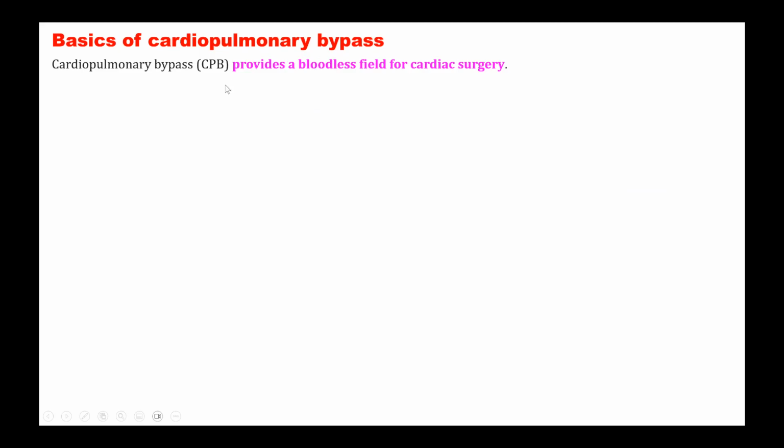So what is the purpose of cardiopulmonary bypass? It is to provide a bloodless field for cardiac surgery. Why do we require a bloodless field? For operating on vascular structures, we have to identify the structures properly and then the defective portions are replaced or corrected.